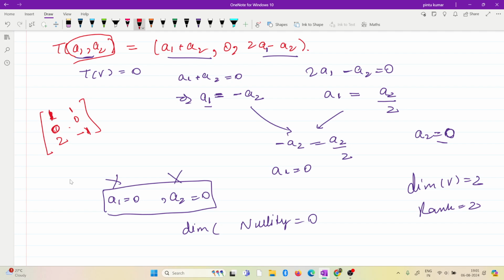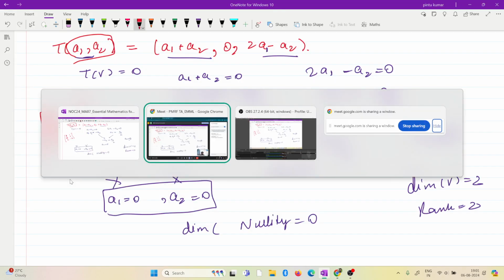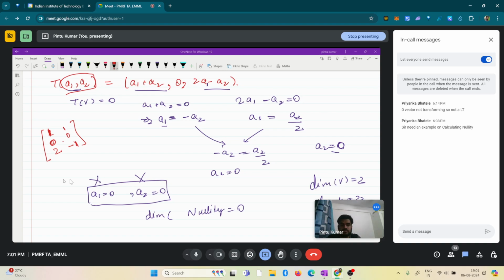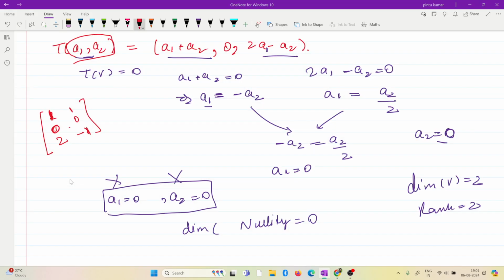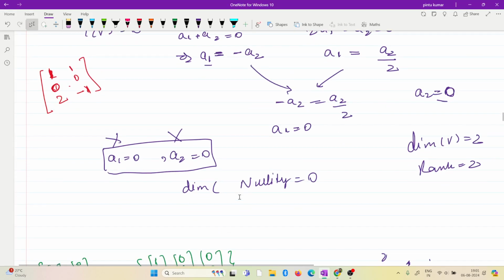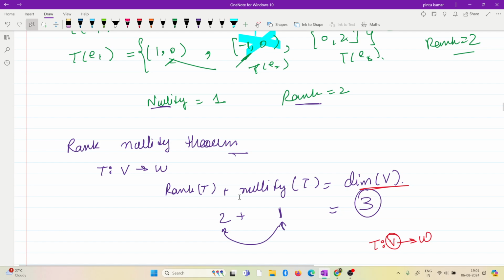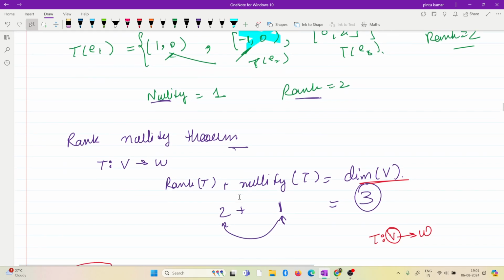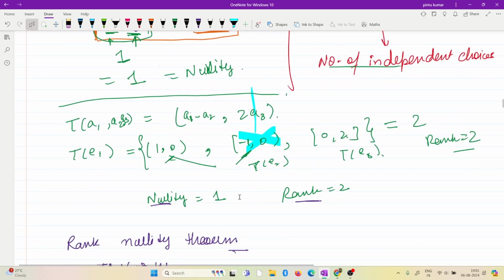Any doubt in this discussion before we move ahead? Sir, in the previous example, can you please explain how you got the rank, where nullity was 1? So nullity was 1.